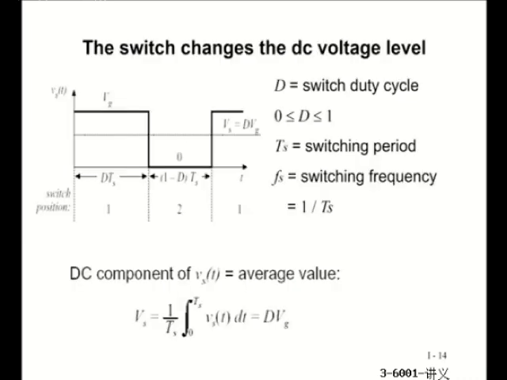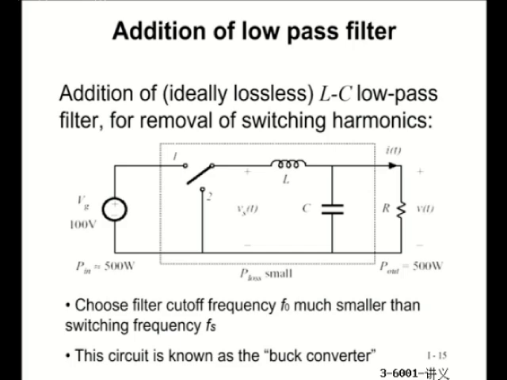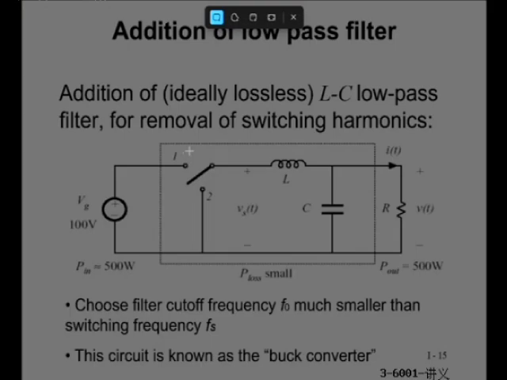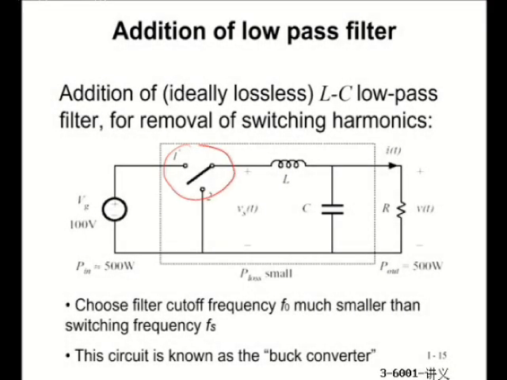Therefore, how do we implement this idea? I put a single pole double throw switch over here, and I put a low pass filter composed of one inductor and one capacitor.